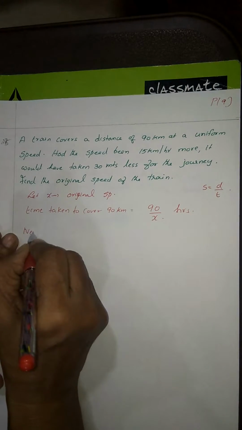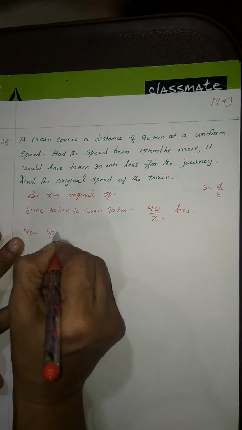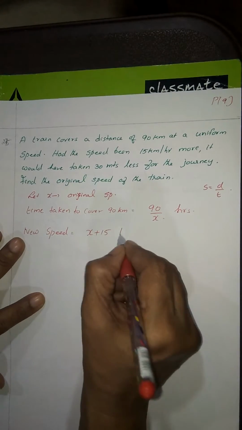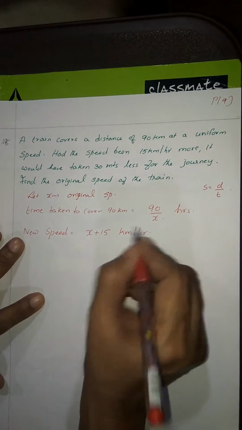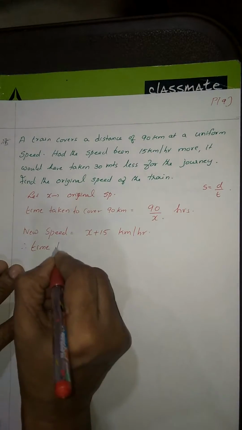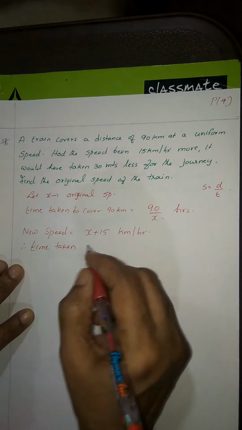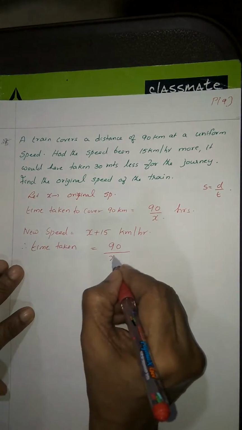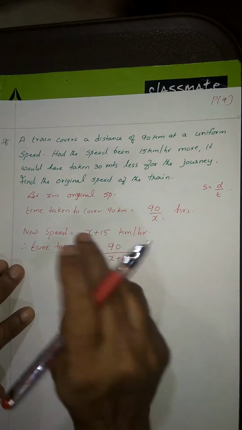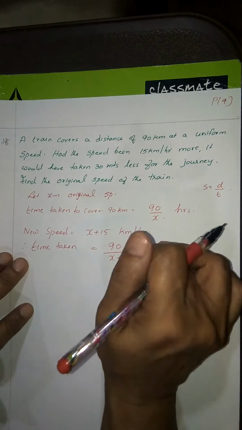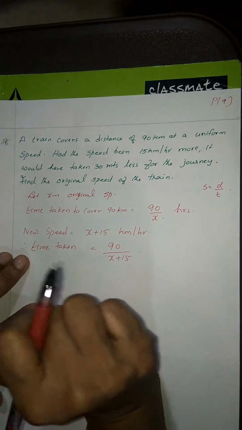The speed is increased by 15 kilometers per hour. So the new speed is equal to x plus 15 kilometers per hour. Therefore time taken to cover the same distance is equal to 90 by x plus 15. Now he would have taken 30 minutes less, that means the difference between the two is 30 minutes.